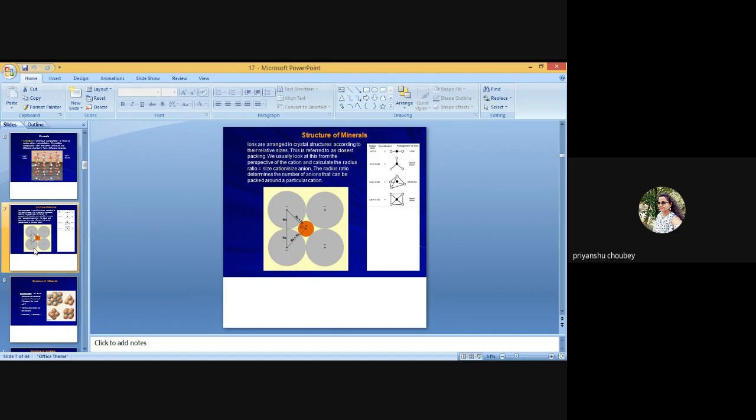The angles between them are represented by alpha, beta, and gamma respectively, where alpha is the angle between the Y and Z axis, beta is the angle between the X and Z axis, and gamma is the angle between the X and Y axis.